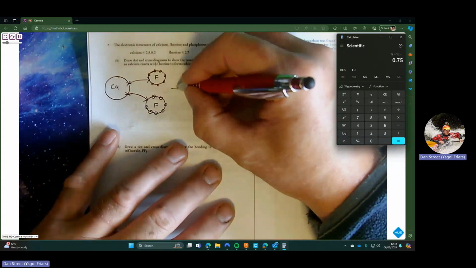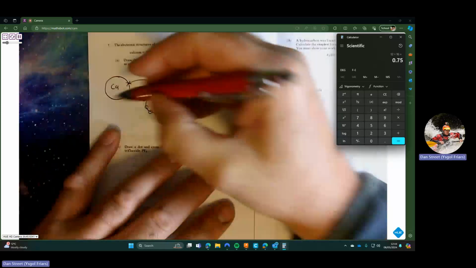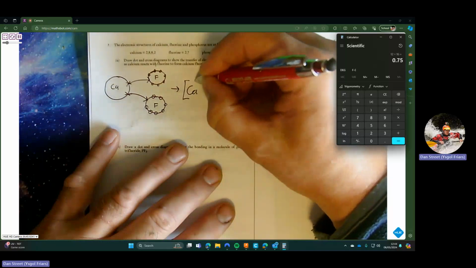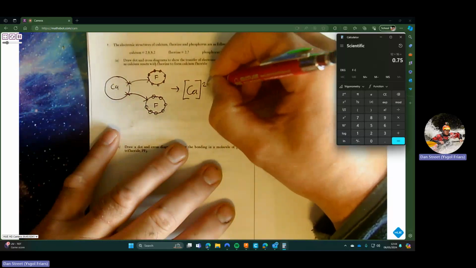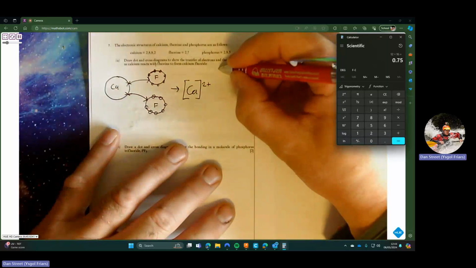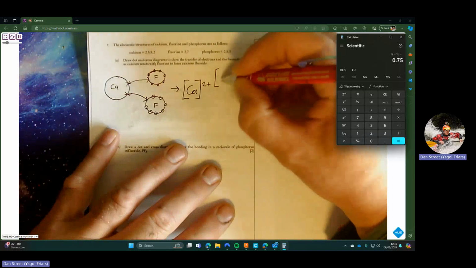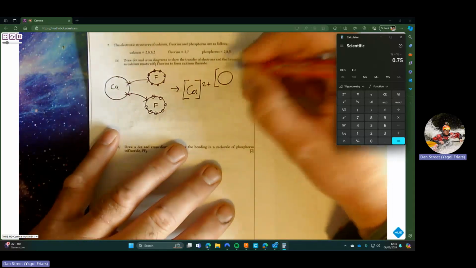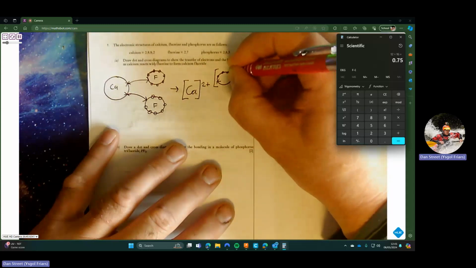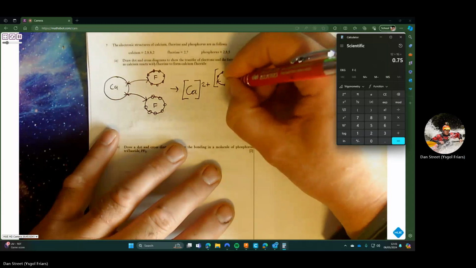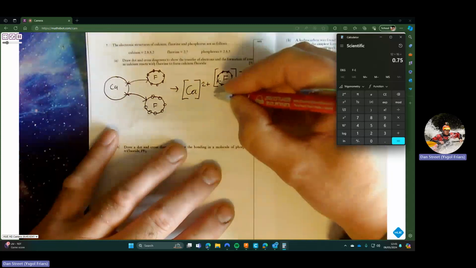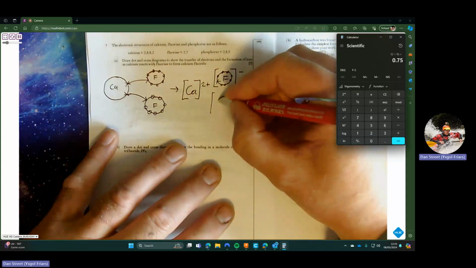And then we need to show the other side of the story. So when this calcium loses 2 electrons, it becomes Ca2+, because it's lost 2 negative electrons. And then the fluorines become fluoride, because when a non-metal becomes an ion, it changes its name slightly. Okay, so we just show that electron from the calcium, but each one is only singly negatively charged because it's only gained 1 electron.